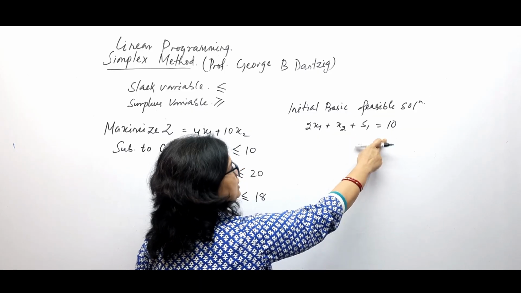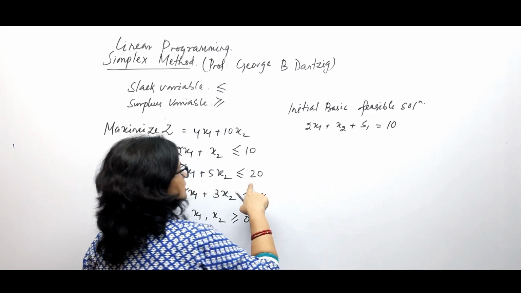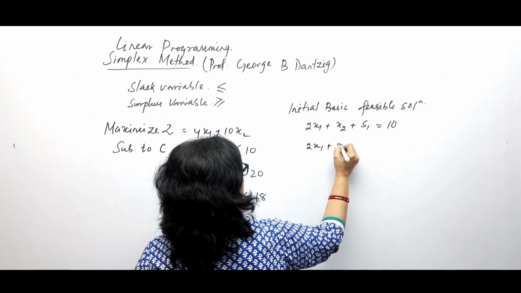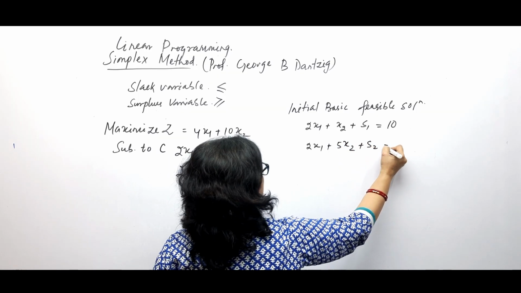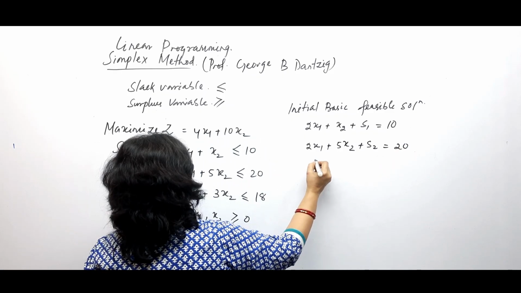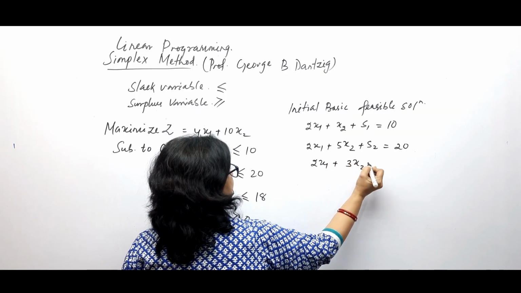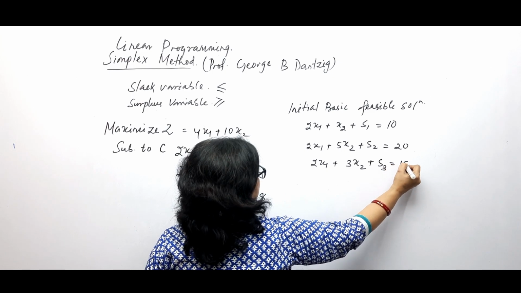Now we do the same for the next equation, 2x1 plus 5x2 plus s2 equal to 20. Here also we do the same thing, 2x1 plus 3x2 plus s3 equal to 18.